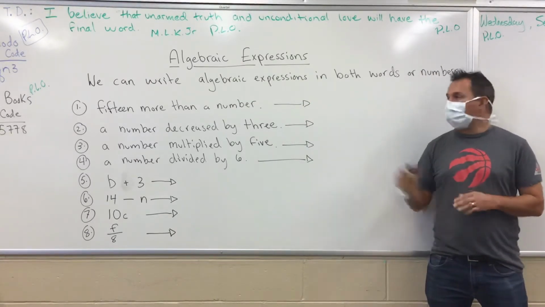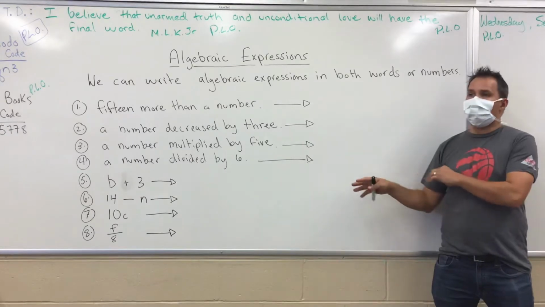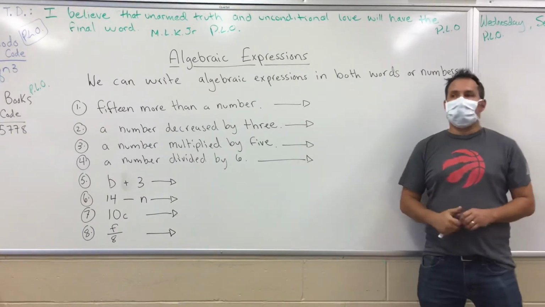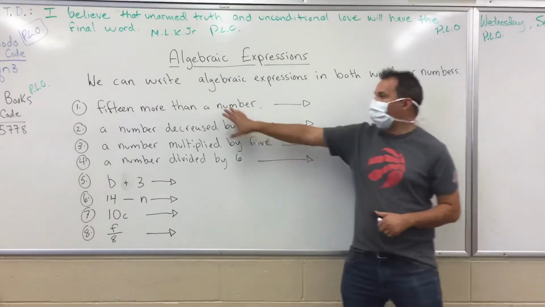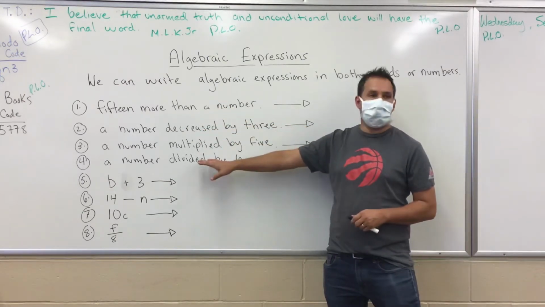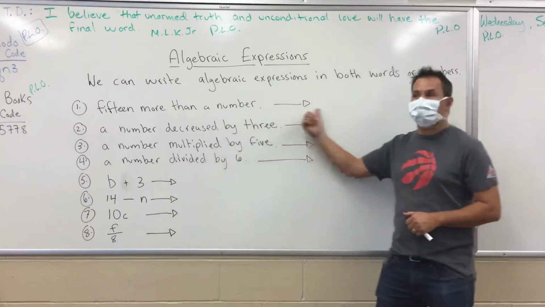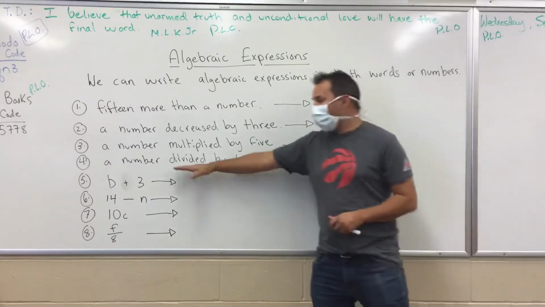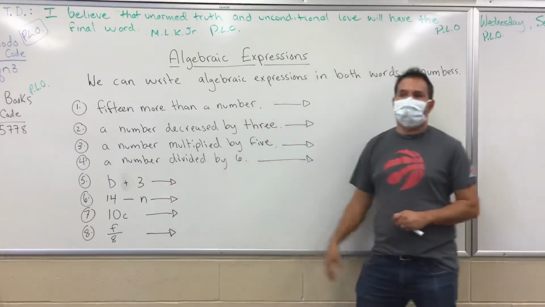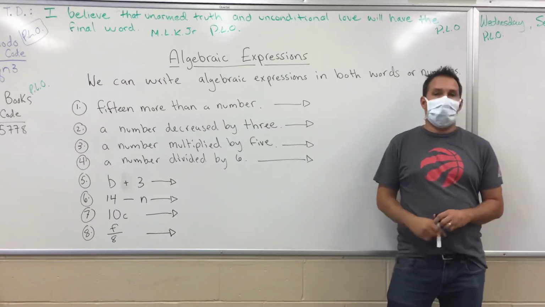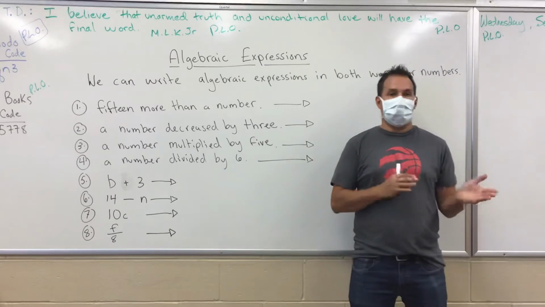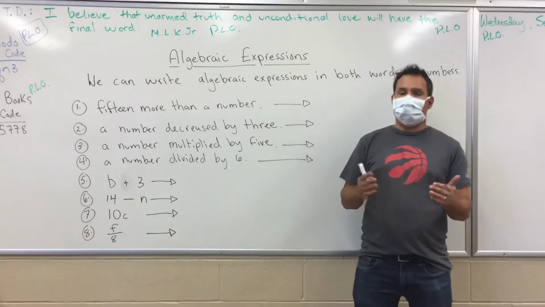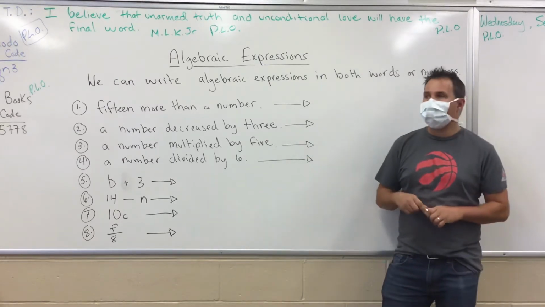We've got a couple examples on the board. Here are 4 examples in words that we're going to convert to numbers, and 4 in numbers that we're going to convert to words. That's part of our practice today, converting from numbers to words and words to numbers.